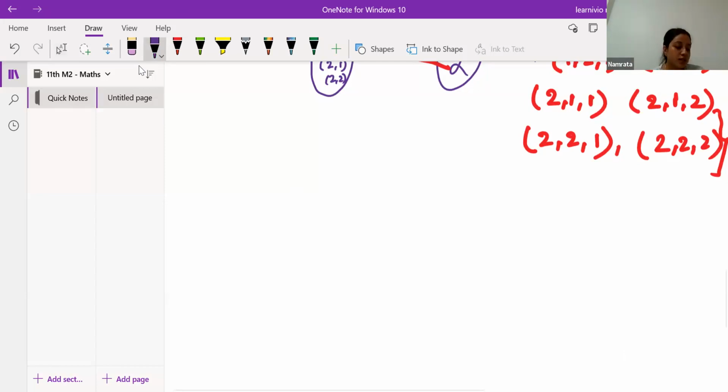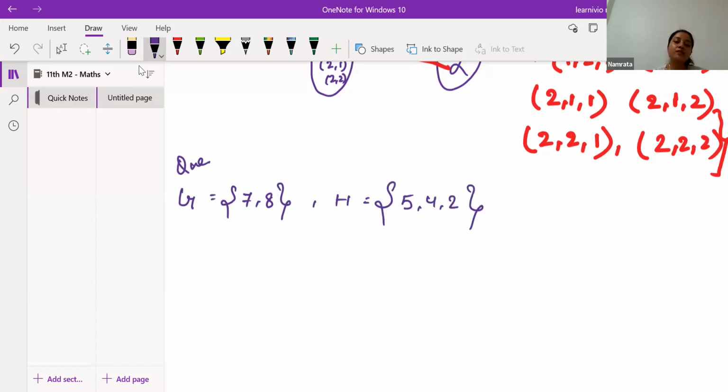The first question says, if set G is 7, 8 and set H is 5, 4, 2, then find G cross H, the Cartesian product.